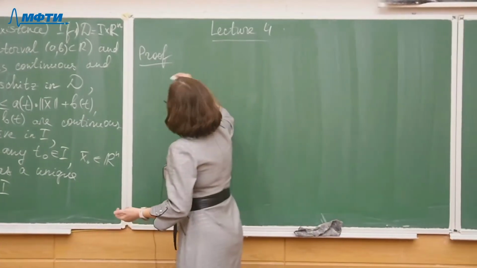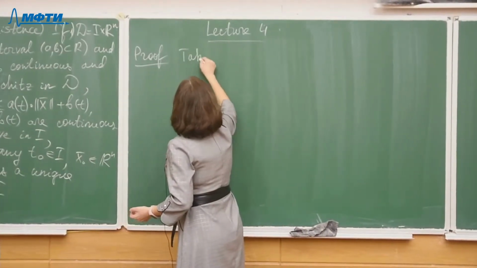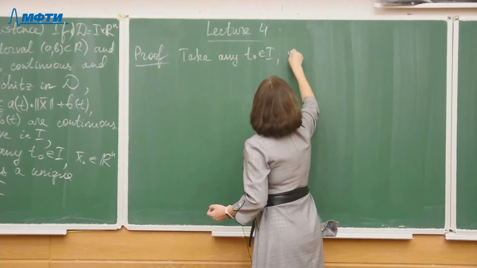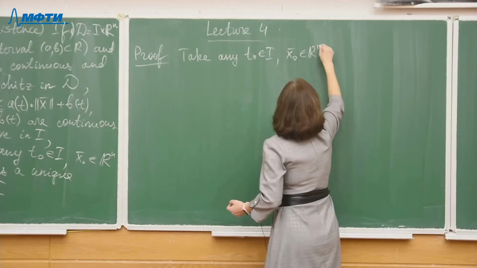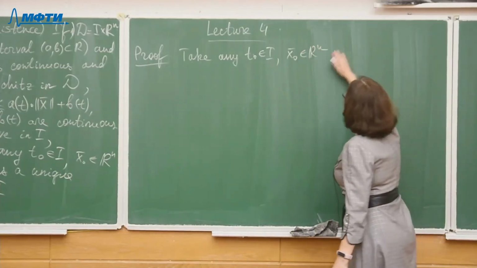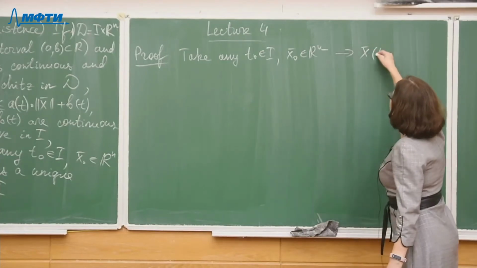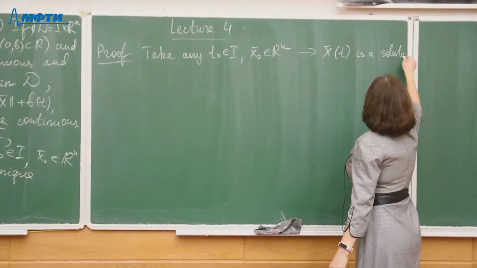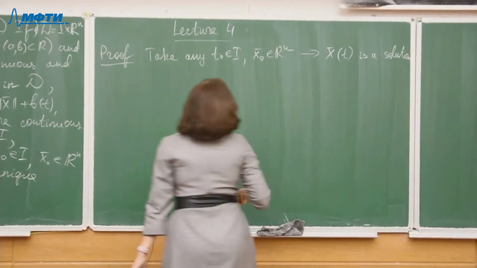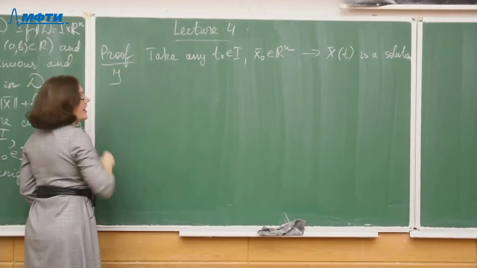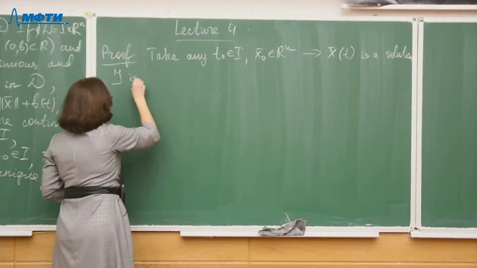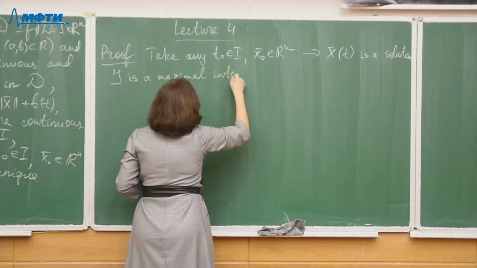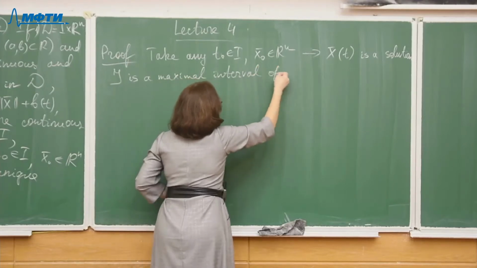Okay, so take any t0 from I and x0 from R^n. We will consider a solution x, and suppose J is a maximal interval of x.